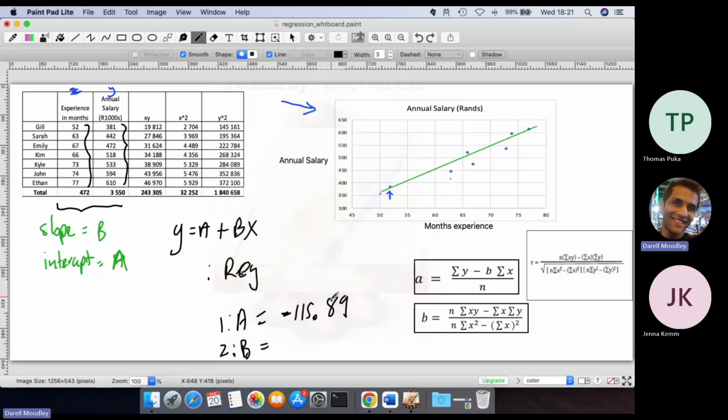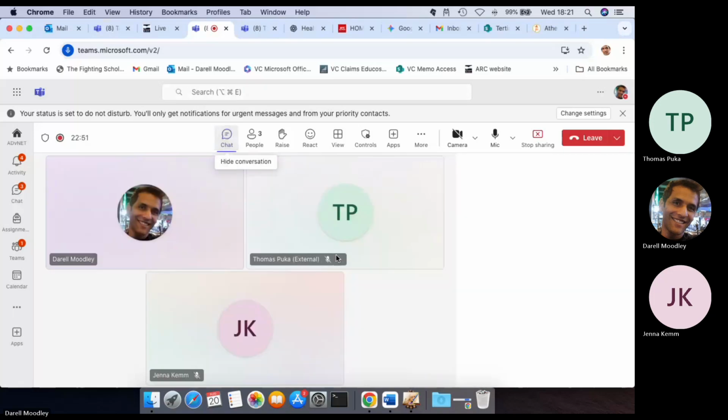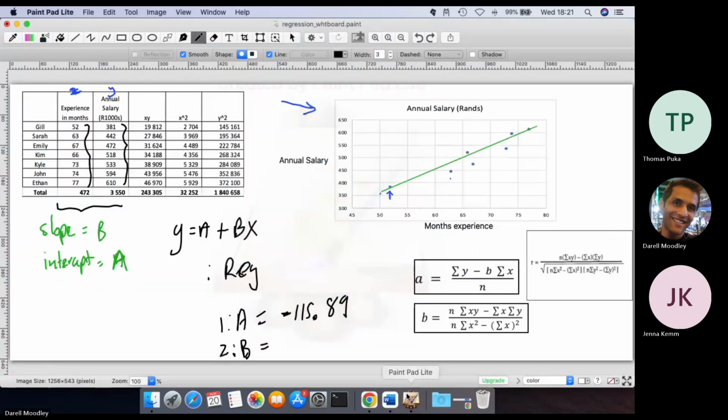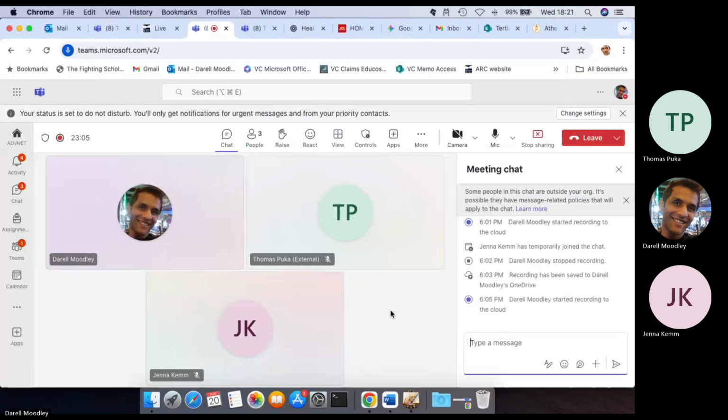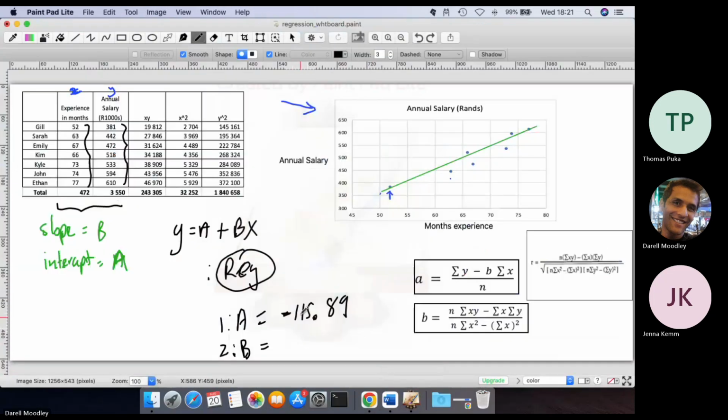Tell me what value you get for B. Remember, Shift 1, REG, and select B. If anyone's stuck, let me know, but you should get an answer of 9.24.